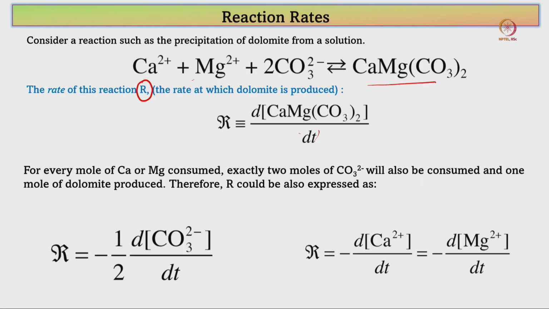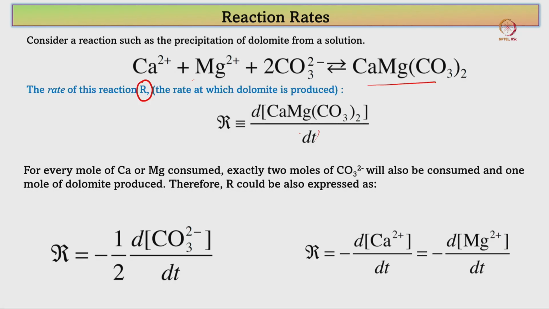Now, for every mole of dolomite being produced, 1 mole of calcium and 1 mole of magnesium is getting consumed, and also 2 moles of carbon dioxide, sorry, not carbon dioxide, bicarbonate, 2 moles of bicarbonate will also be consumed to produce 1 mole of dolomite. Therefore, R could be expressed in other terms also.